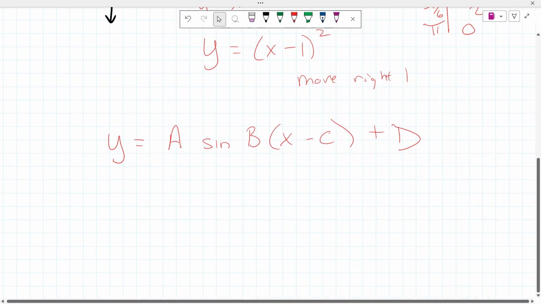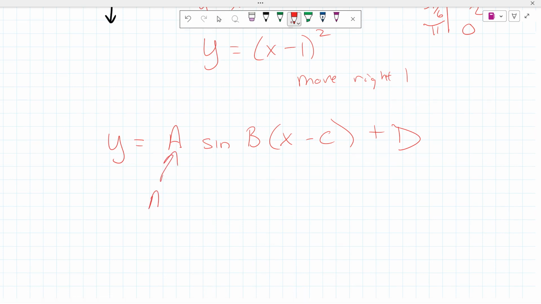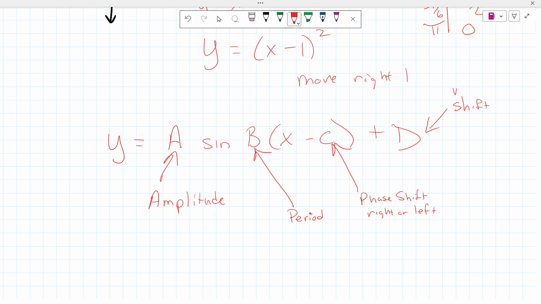A sine of b times x minus c plus d, where a will be the amplitude, b deals with the period of the function, c is a phase shift, right or left, and d is a vertical shift, which means up or down.